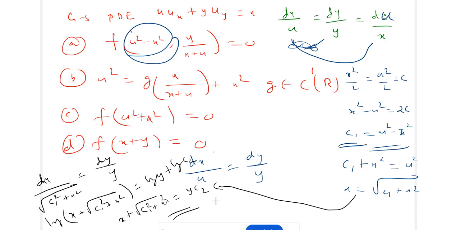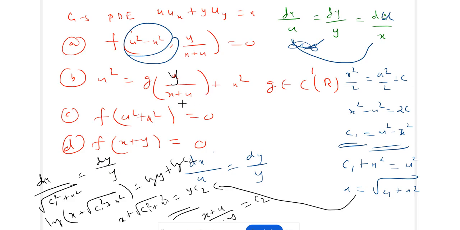From this we can conclude the solution. Here root of c1 plus x square is u, so x plus u divided by y equal to c2. But in our options it is not x plus u divided by y; it is g of y by x plus u.